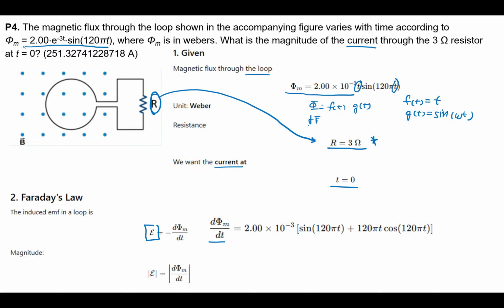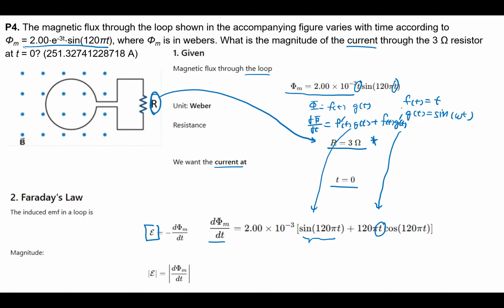Then d phi dt is given by f prime t g t plus f t g prime t. That is the derivative, and you have two terms. If you take the derivative of f, it is going to be 1, so you have only this term, and then f(t) stays there, t.